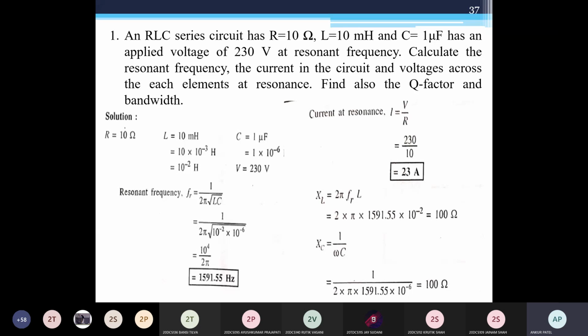Tell me, VR is equal to 23 into 10, so that is 230 volt. Okay.